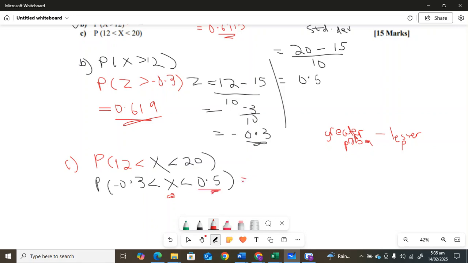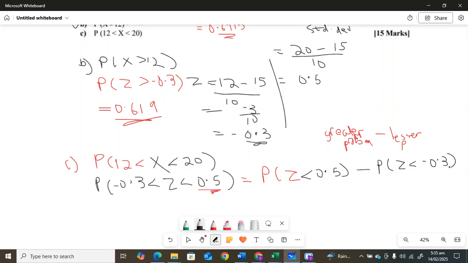So this becomes P of Z less than 0.5 minus P of Z less than negative 0.3.